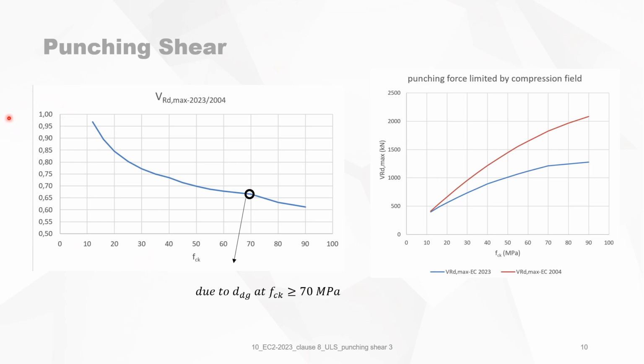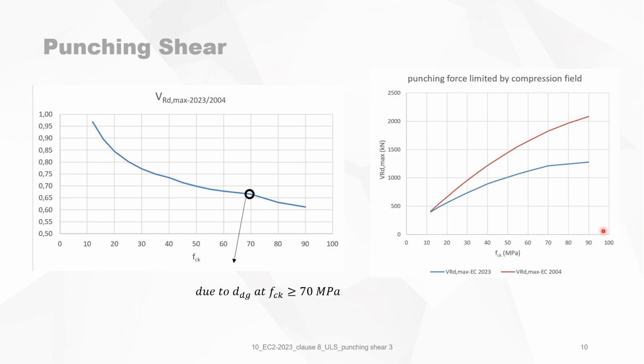You will notice that every value is below 1. So VRd,max is now much lower than VRd,max as it is today. For instance, for a concrete grade 30, you will have 25% more or less capacity in VRd,max.